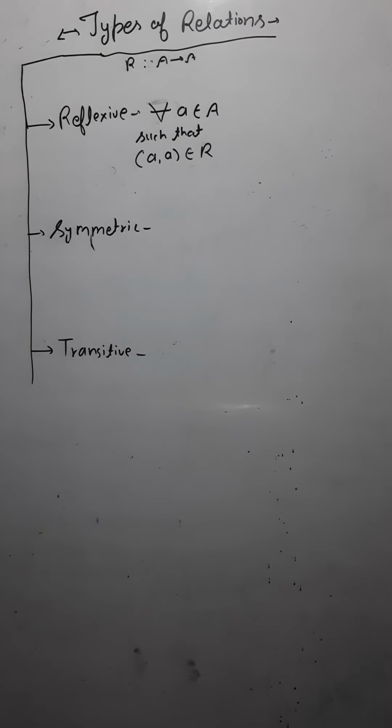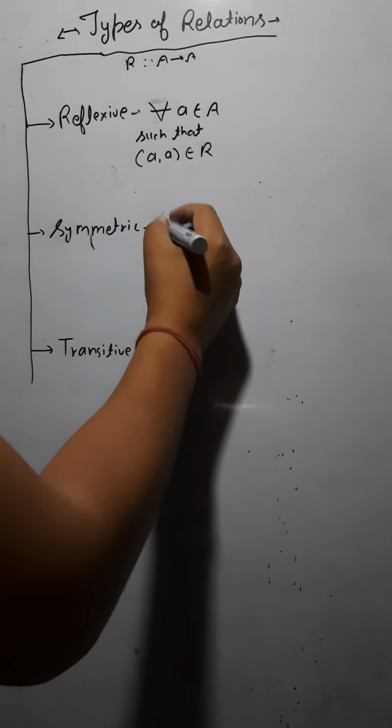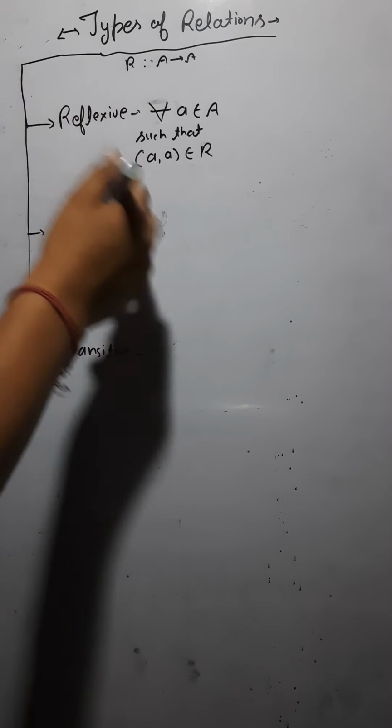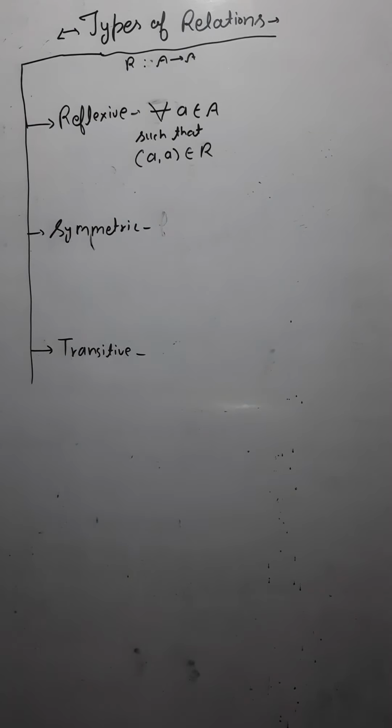Now let me tell you another thing: the symmetric relation. Which relation is a symmetric relation? Symmetric relation means for any, remember this, here it was for all, here it is for any.